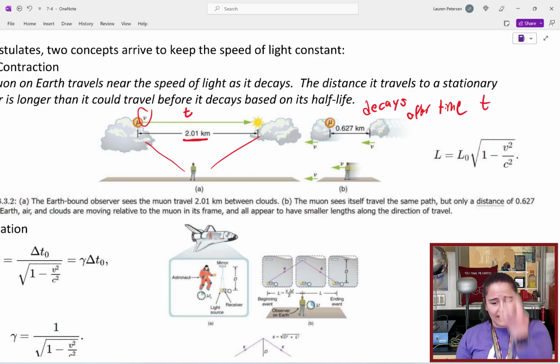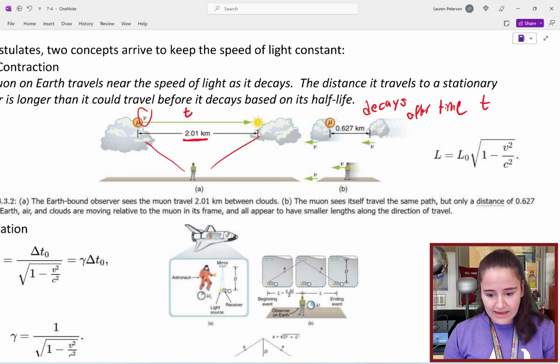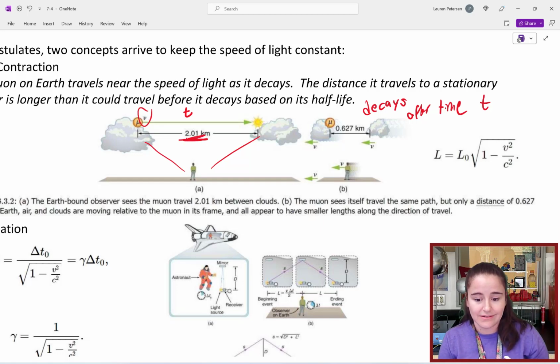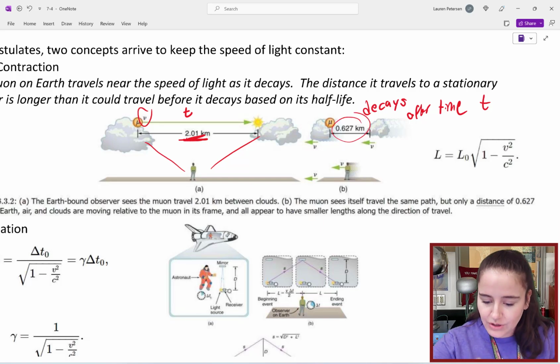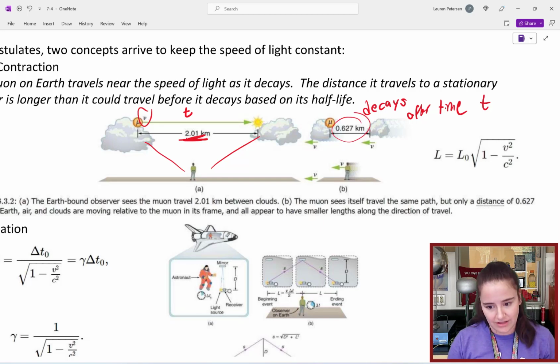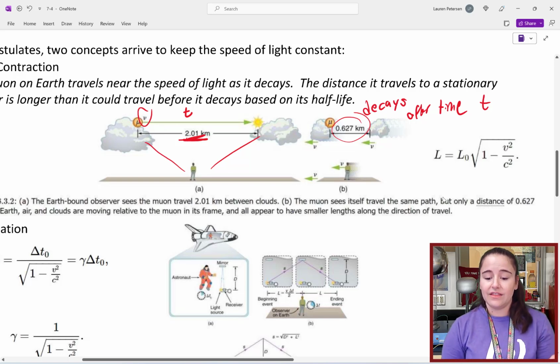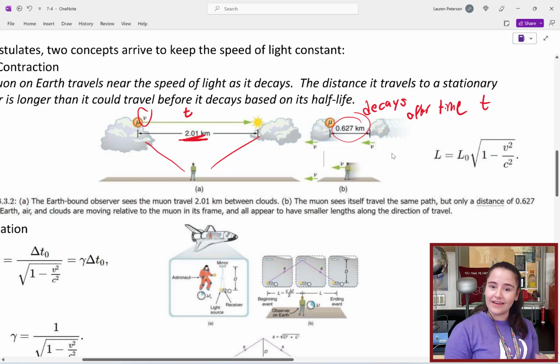And according to its reference frame, it doesn't have time to go that 2.01 kilometers. It only has time to go 6.27 kilometers before it decays. So that's the distance from the muon's perspective. It has that same path, traveling at the same speed, the speed of light, but the motion of everything else relative to it seems to be smaller.